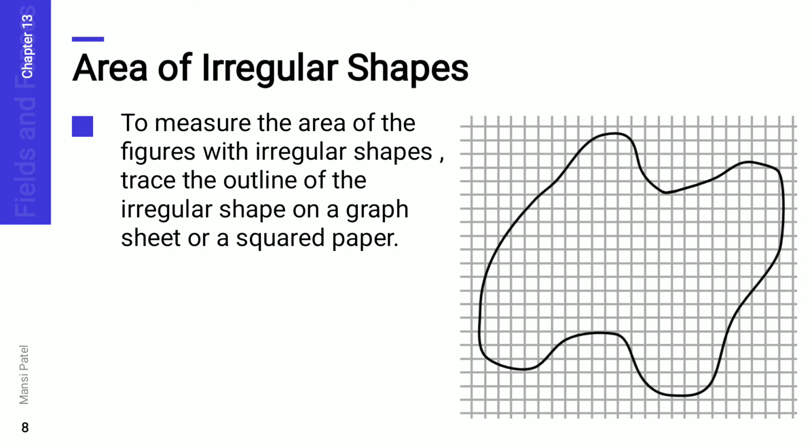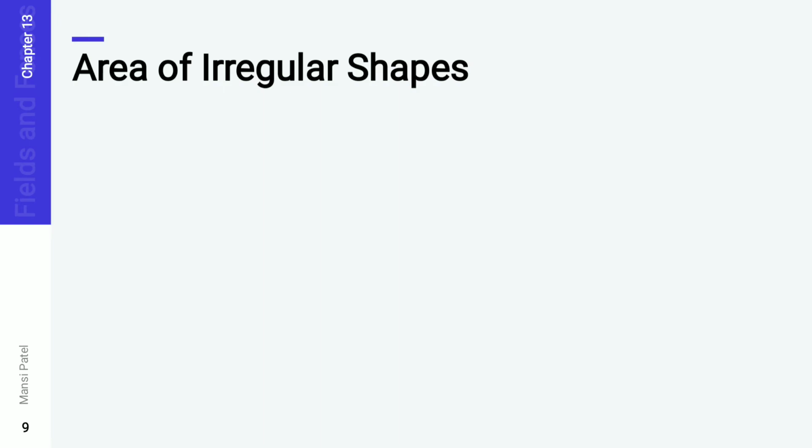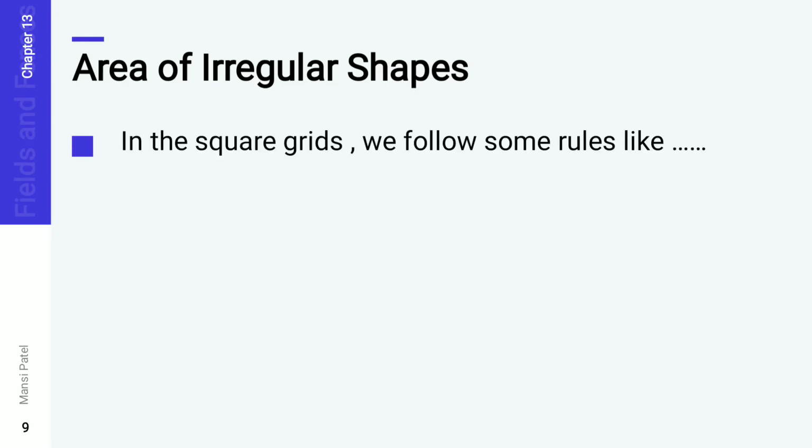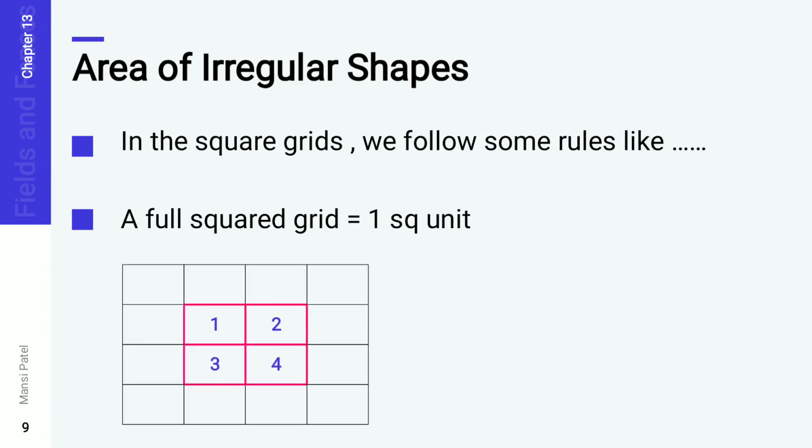Now what is the second rule? In the square grids we follow some rules. The first is that if a shape occupies one full square grid, then you want to count that box as one square unit. See here, one shape is given and this shape occupies full square grids.